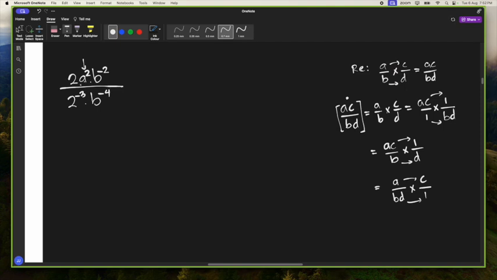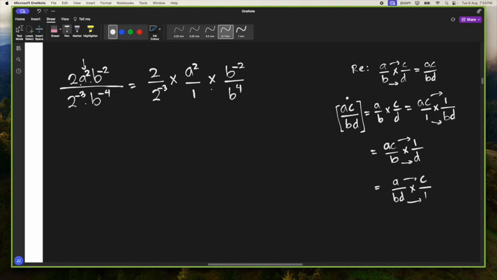So I could split this up. I could say, well, you know what? This is 2 over 2 to the minus 3, I'm splitting up the 2's, multiplied by A squared over 1 multiplied by B to the minus 2 over B to the 4.